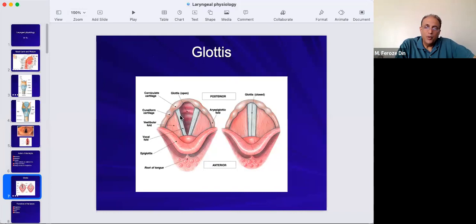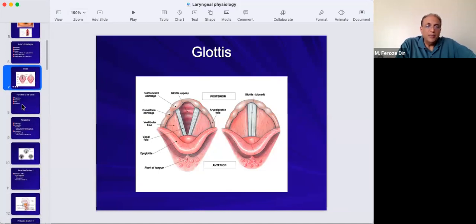Here is our vocal fold. Just on top of it, you have the vestibular fold, which is the false vocal cord. So these three folds have the ability to close. And the epiglottis has the ability to move over and direct fluid away from the opening of the larynx.